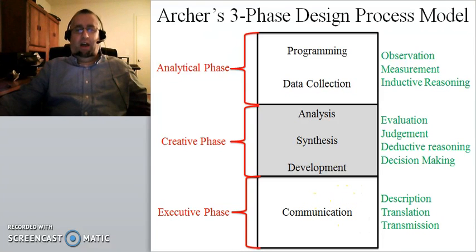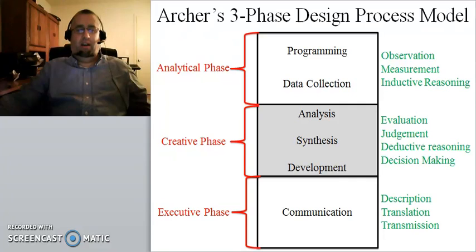So this is absent from the Jones model in the previous slide, but it was part of the 4-step process that I showed 2 slides back. The executive phase, which involves communication, is essentially description, translation, and transmission.